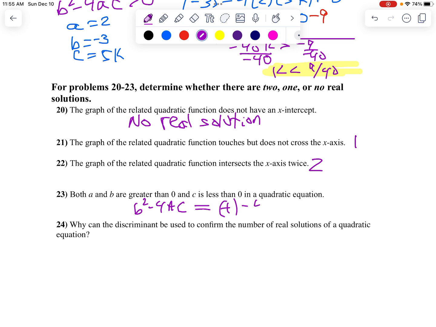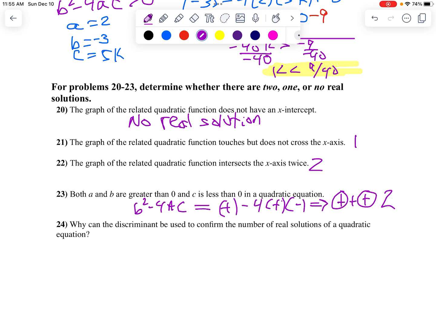But a minus 4 times a, which is going to be a positive, times c, which is going to be a negative. Well, that's going to be a positive plus a positive, isn't it? Circle my positives there. Because a negative times a negative is a positive. So in other words, everything's going to be positive, so my answer is going to be positive, so we're going to have two real solutions.